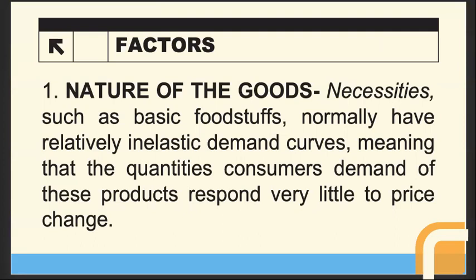For example, people buy roughly the same quantity of rice even when the price of rice rises. In contrast, luxury goods such as eating in fine dining restaurants may have an elastic demand curve.